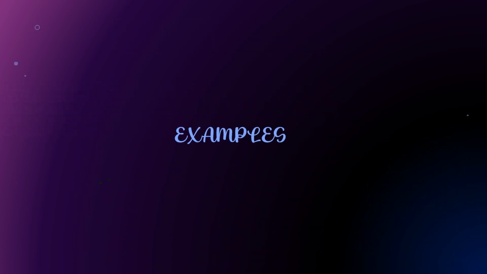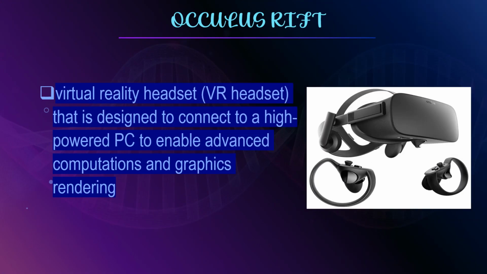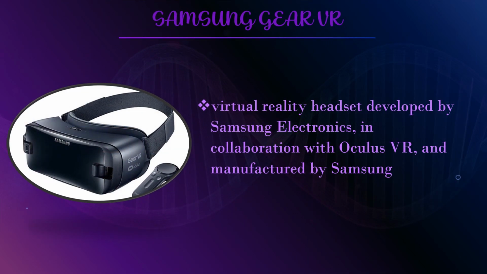A few examples that define VR. First is Oculus Rift. Oculus Rift is a VR headset that is designed to connect to a high-powered PC to enable advanced computations and graphic rendering. Next is the Samsung Gear VR. This is a VR headset that was developed by Samsung Electronics in collaboration with Oculus VR and manufactured by Samsung.